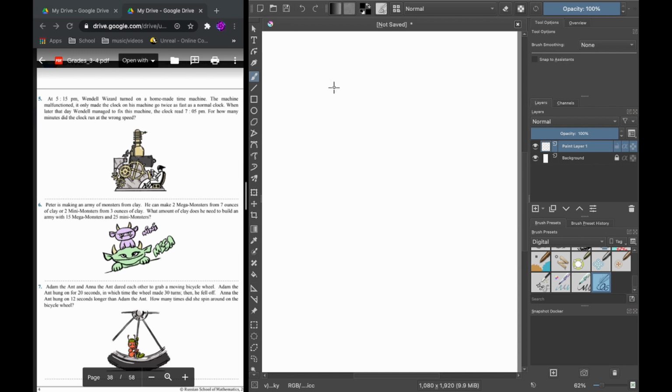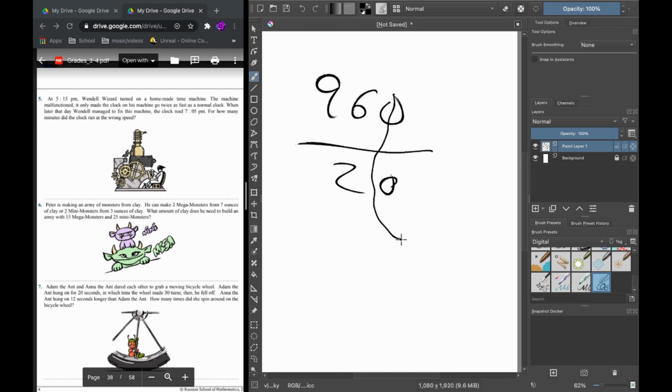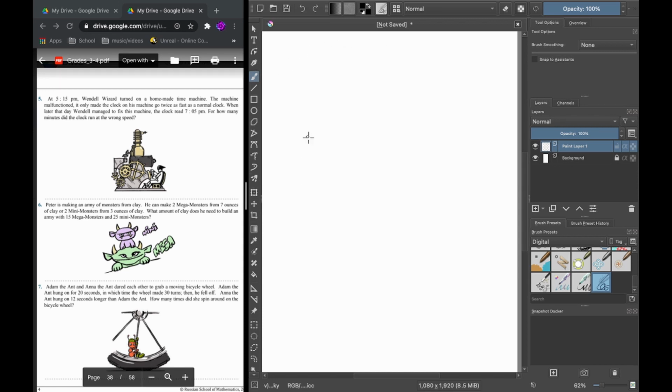Then what we're going to do is 960 divided by 20. When we do this, these two zeros cancel out, and what you would get is 48. So that means 48 would be your answer.